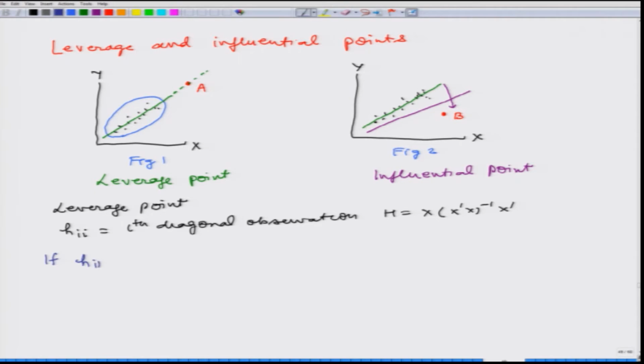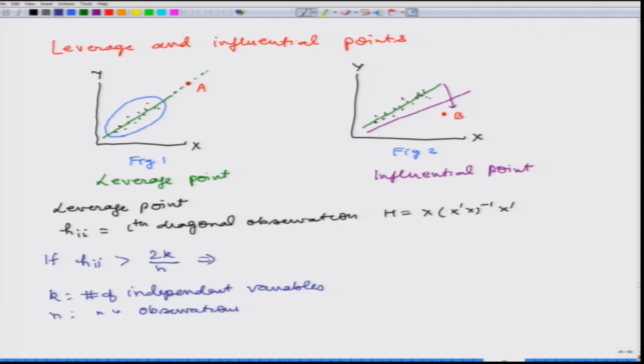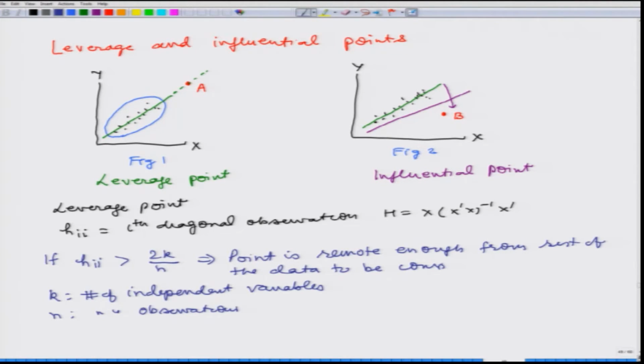If h_ii is greater than 2k upon n, recall that k is the number of independent variables and n is the number of observations, this implies that the point is remote enough from the rest of the points to be considered as a leverage point.